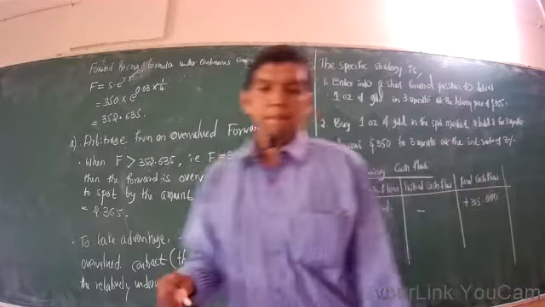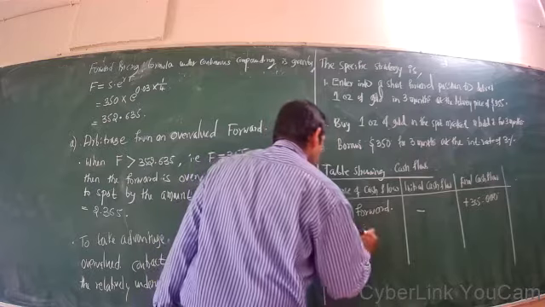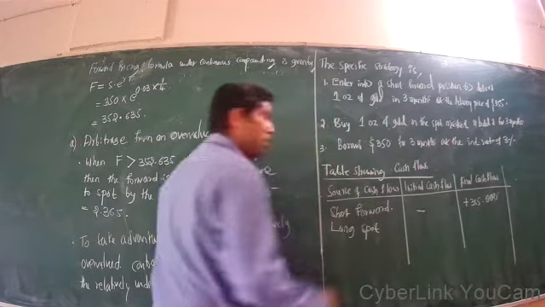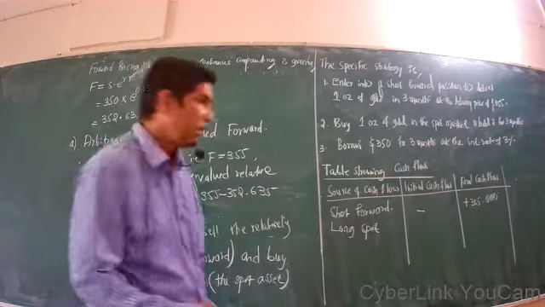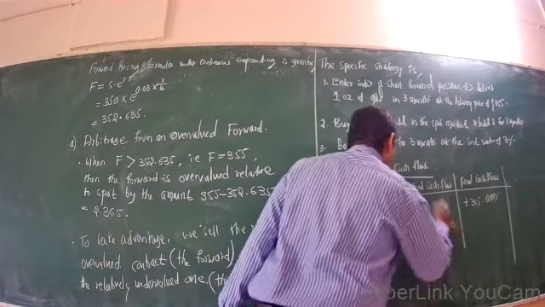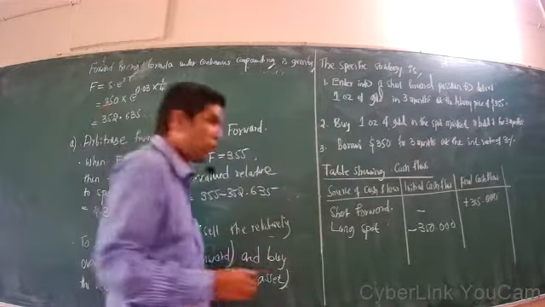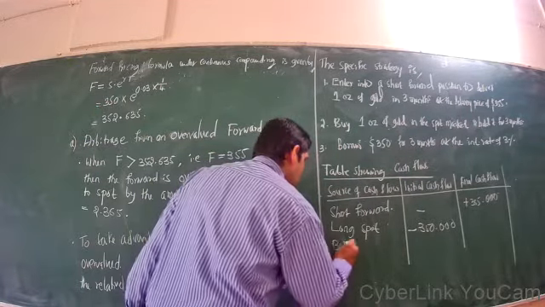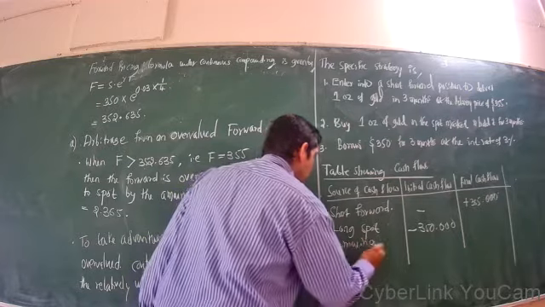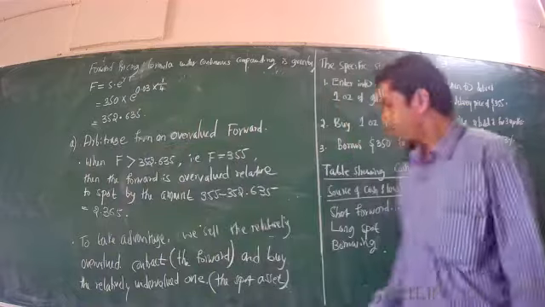Second step, long spot. Since you are buying, it is minus 350. And third one, you have borrowing, so again it is plus 350.